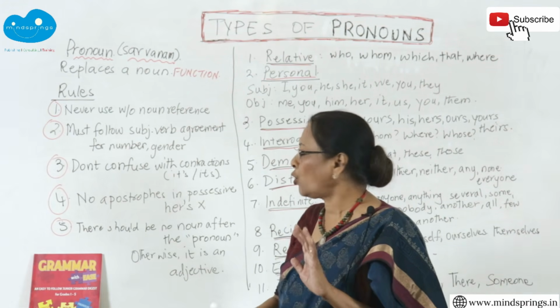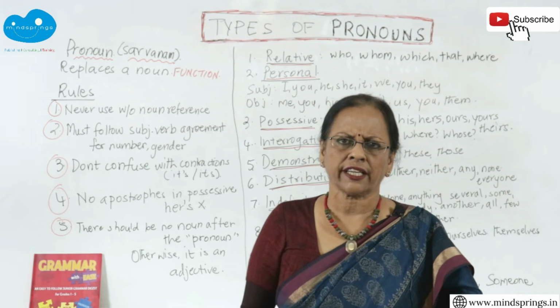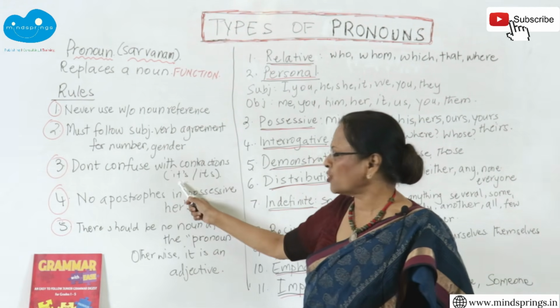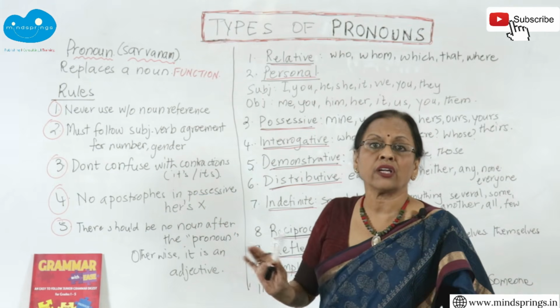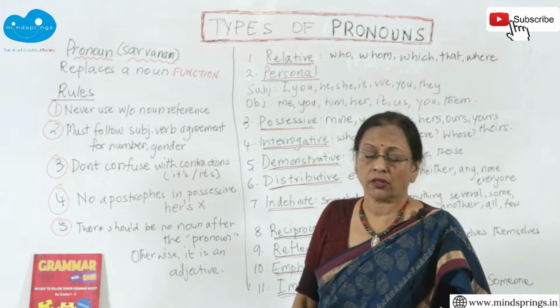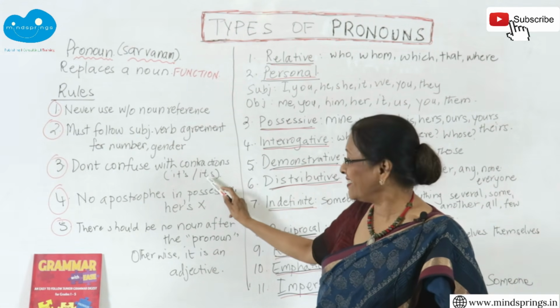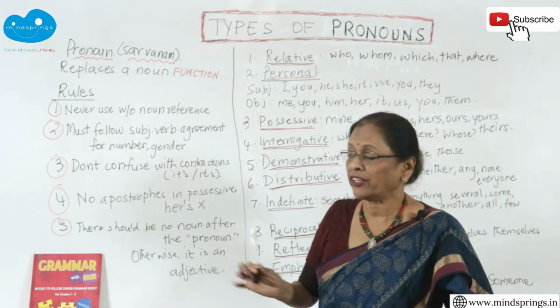Third one is, don't confuse it with contractions. This is such a big mistake. There are no apostrophes in your pronoun. Please remember, no apostrophes in the pronoun. So if you say the dog is wagging its tail, it has no apostrophe.